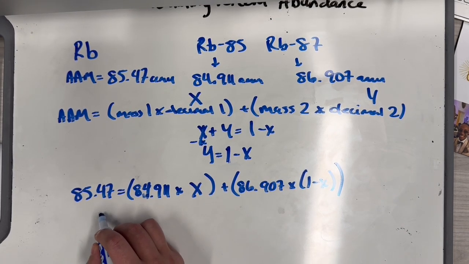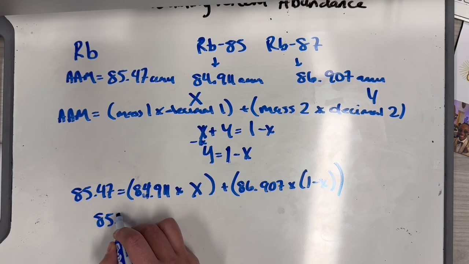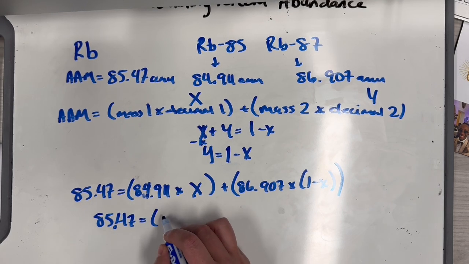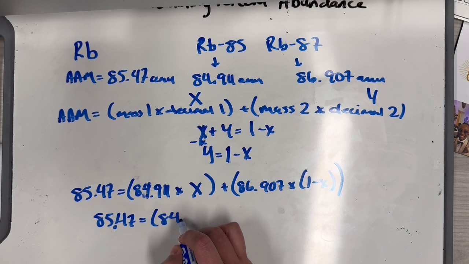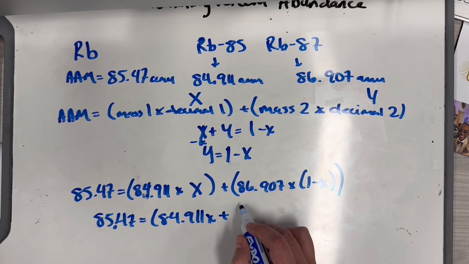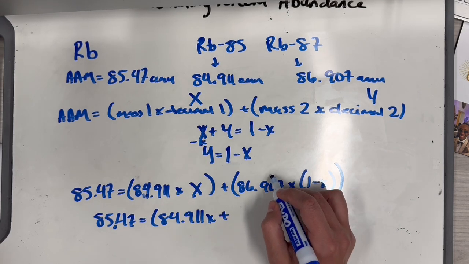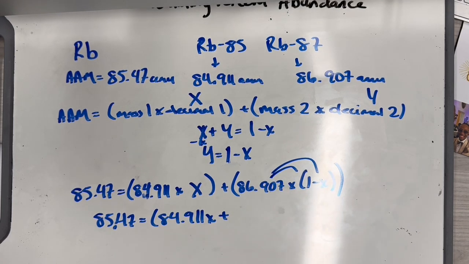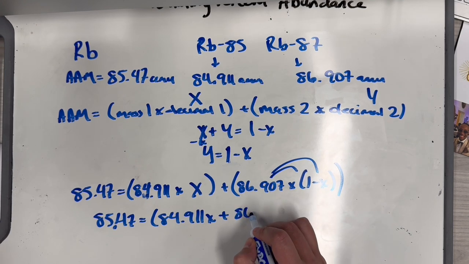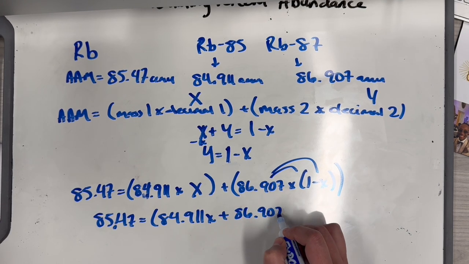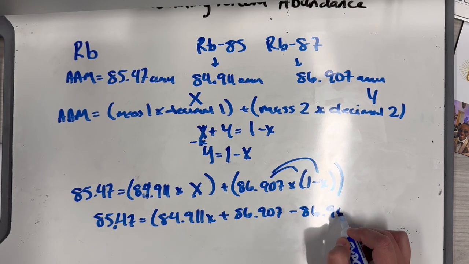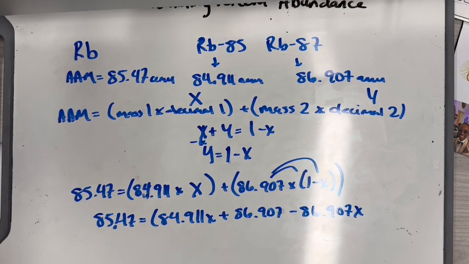So 85.47 is equal to 84.911x plus, I'm going to distribute this to both things, 86.907 minus 86.907x.